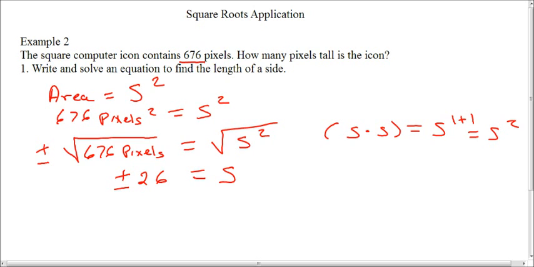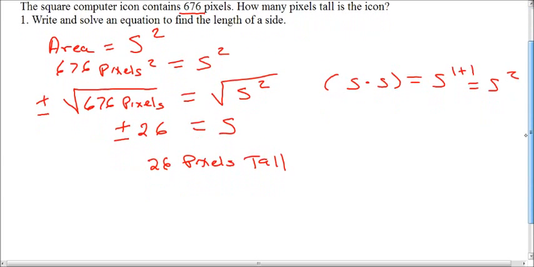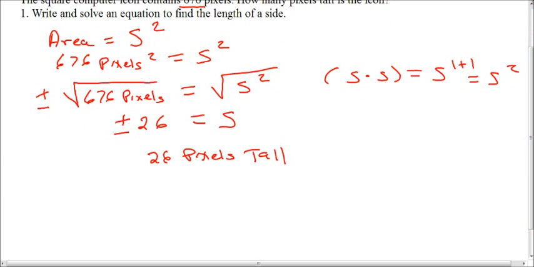So this tells me that the icon is actually 26 pixels tall. Okay, it's just that simple: just dealing with square root, doing the math, making sure you find both positive and negative, and you notice I did so with the plus-minus symbol out in the front.